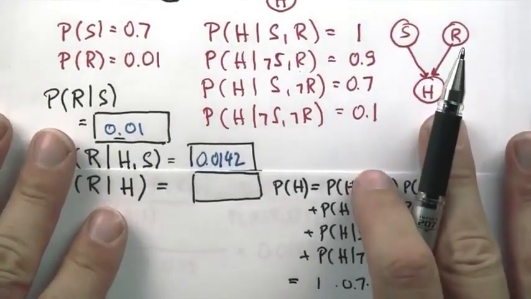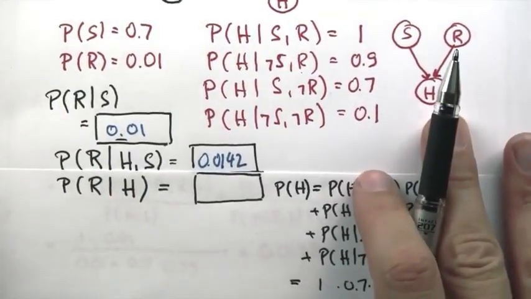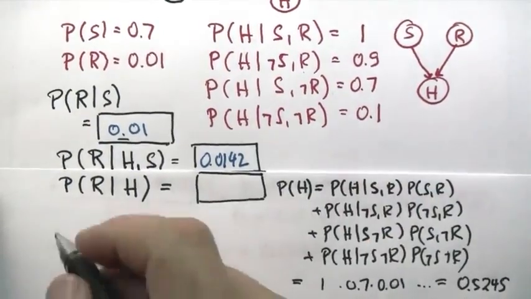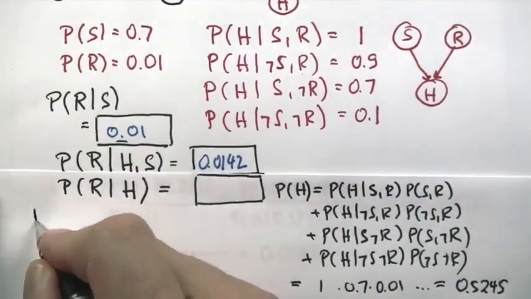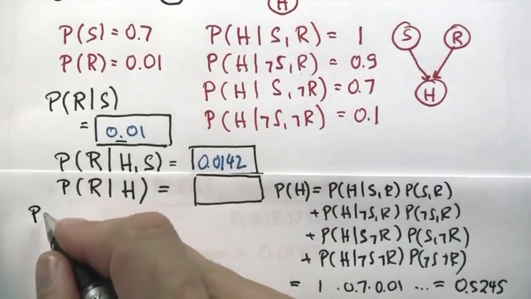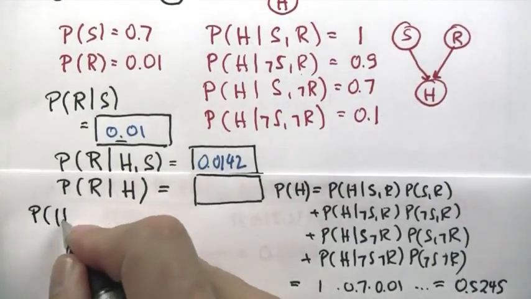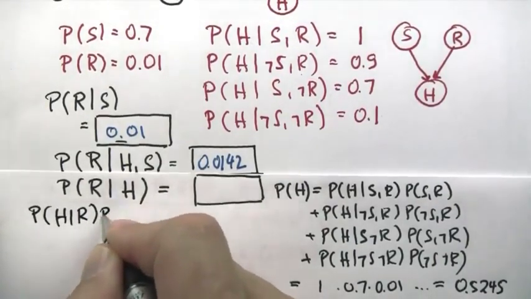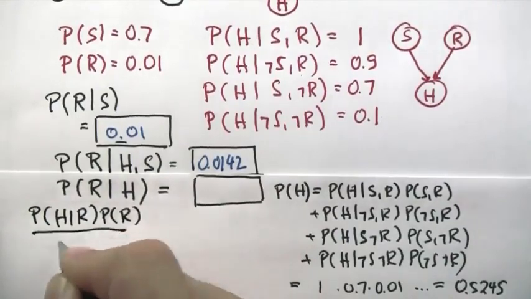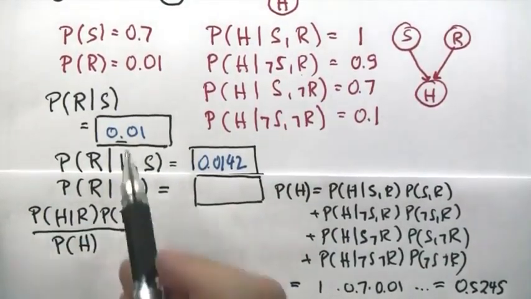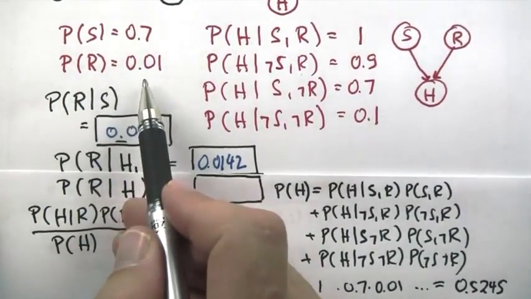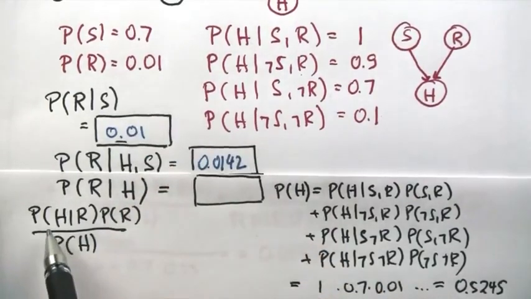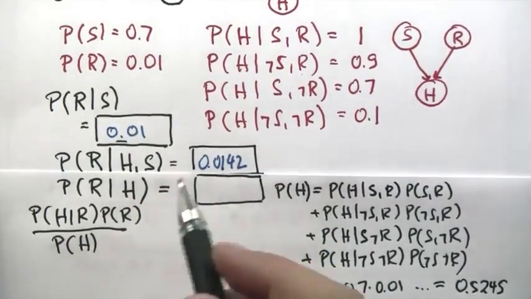Now, armed with this number, the rest becomes easy, which is we can use Bayes' rule to turn this around. P of H given R times P of R over P of H. P of R we know from over here, the probability of a raise is 0.01.